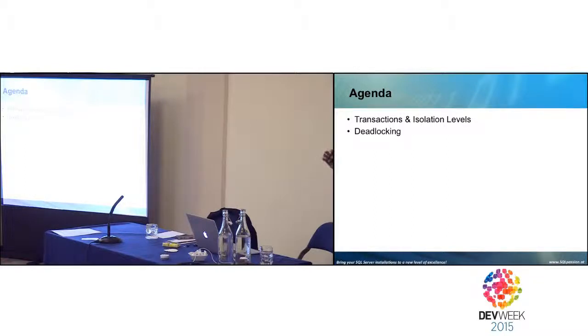It's very important that you understand the semantics of the chosen isolation level, because otherwise it's sometimes very hard to understand why a specific deadlock occurs in SQL Server. So the first step, just a few words, a few examples about isolation levels in SQL Server. Here we will already see some interesting things that are happening in SQL Server, and afterwards we will continue by talking about deadlocking itself in SQL Server.